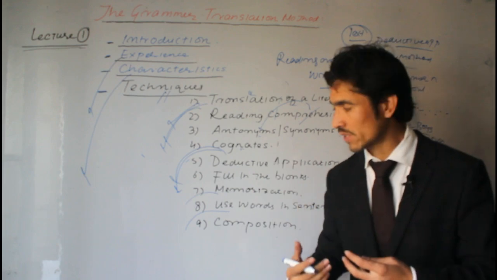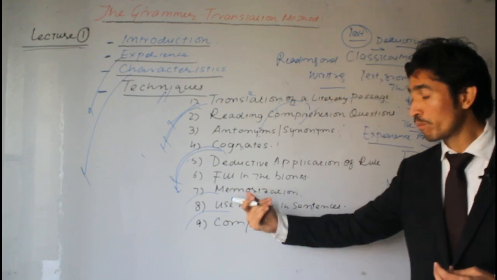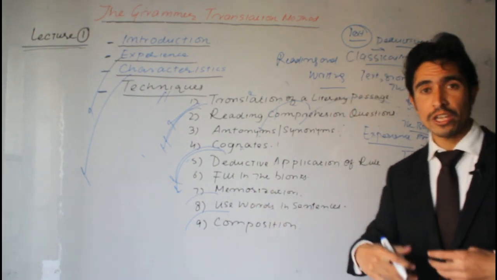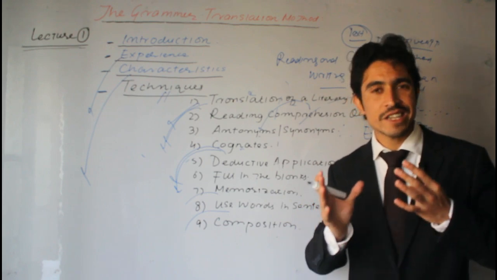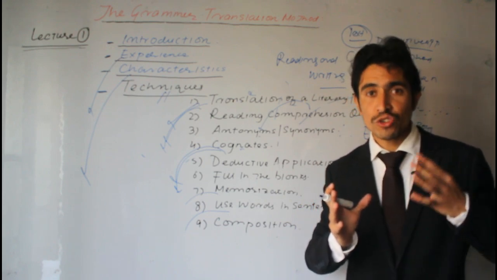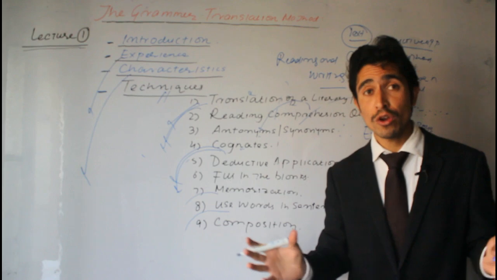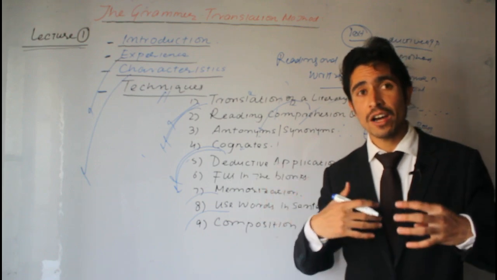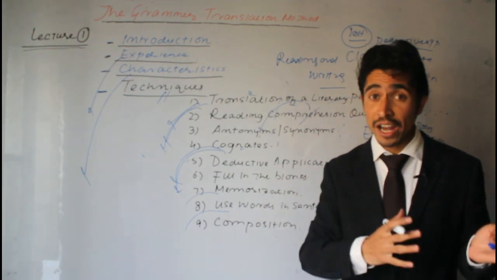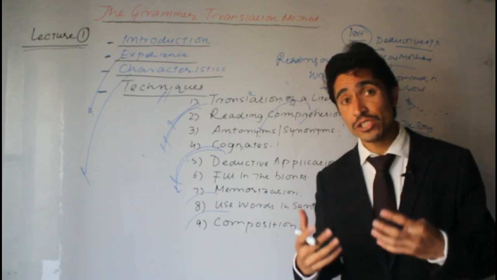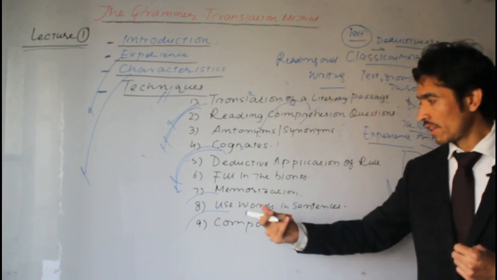with missing words. And the seventh is memorization of new vocabulary and new grammar structures, where they have to memorize all the vocabulary in the target language and in their native language.